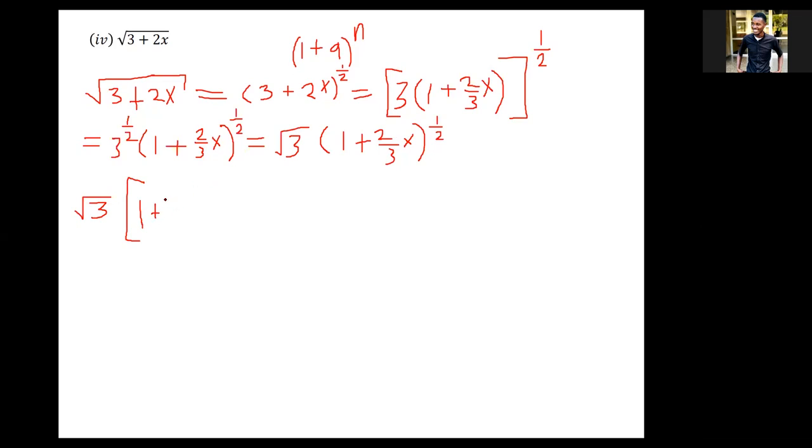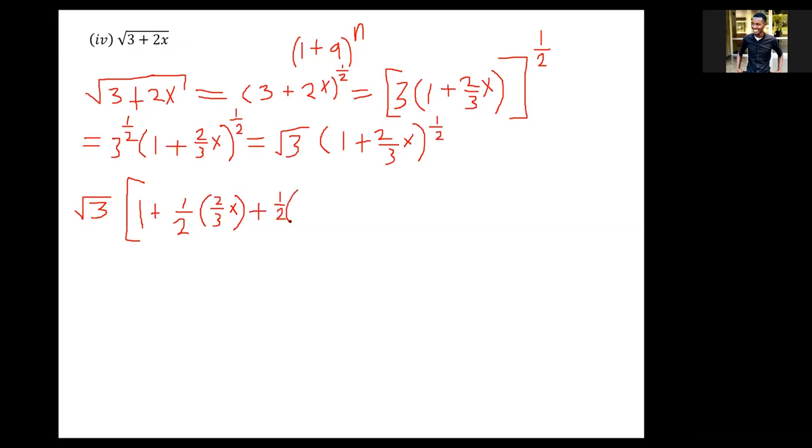So nx is just the same as half times my x there is 2 over 3x. That is my a there is 2 over 3x. And then plus your n. So your n is half.